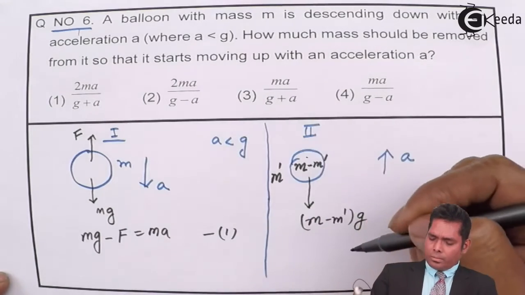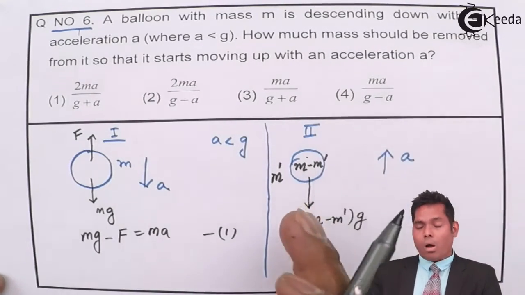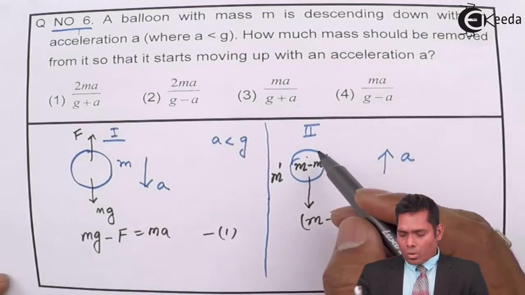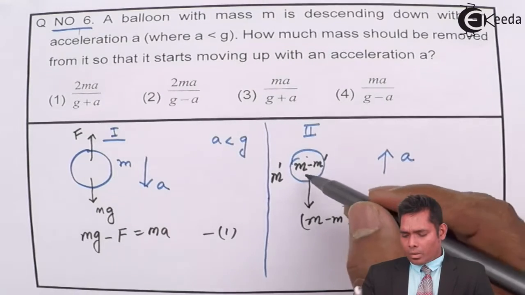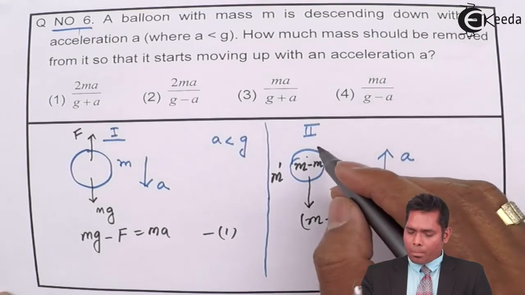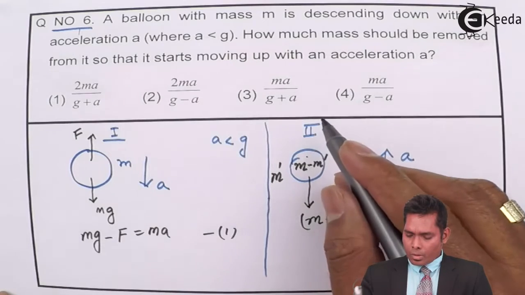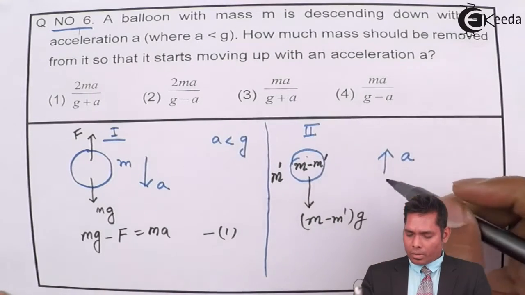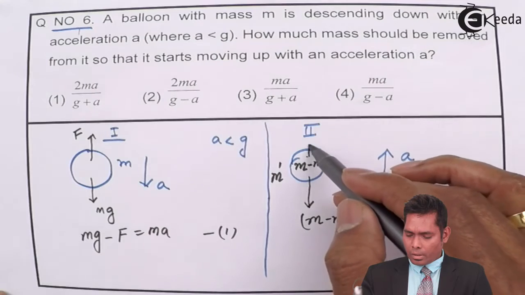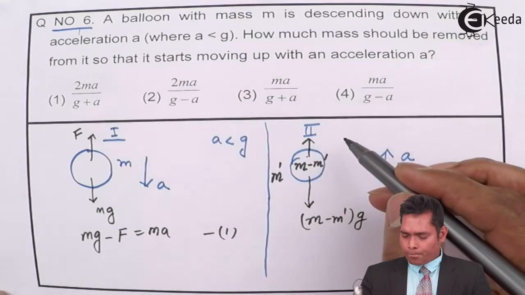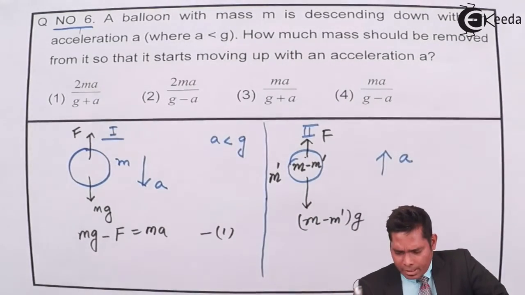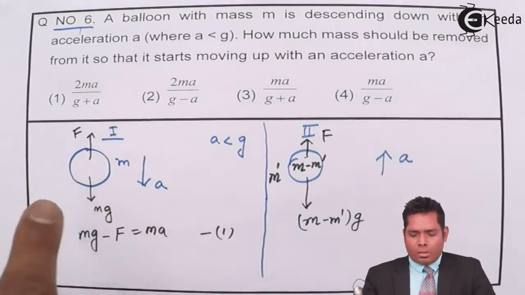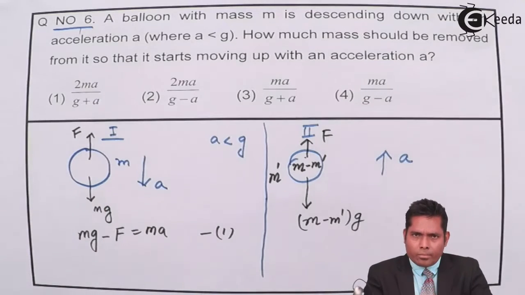The gravitational force will be down, and the thrust force will be in the upward direction. Earlier it was the thrust force acting, but actually what is happening is that in this situation, when it is descending, I start removing certain masses.